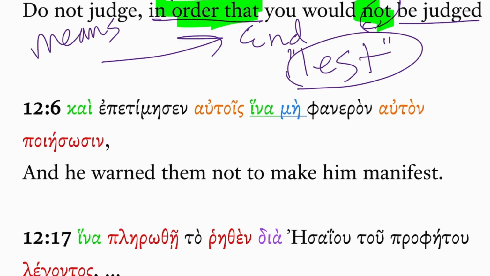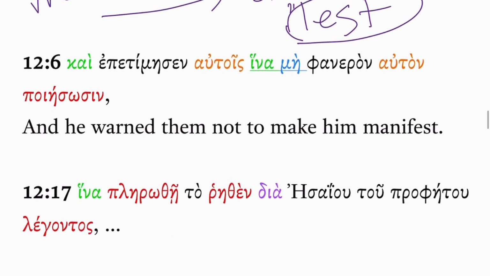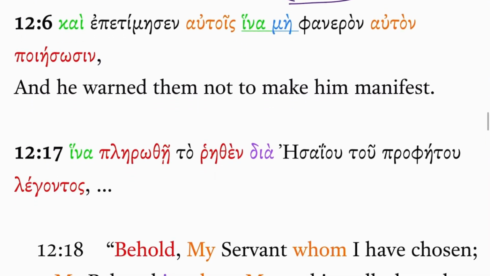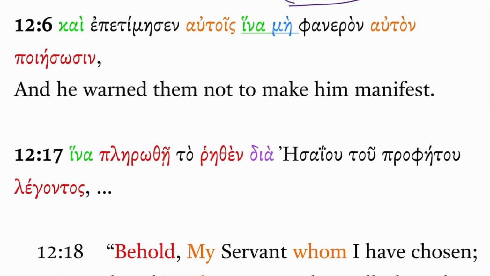Now, here's a couple other instances of negative purposes, and this one's a little bit tricky because this is Matthew 12:16. He warned them in order that they not manifest him, or in other words, make him public.